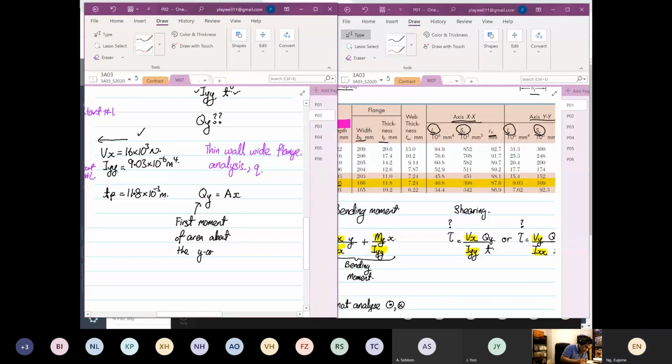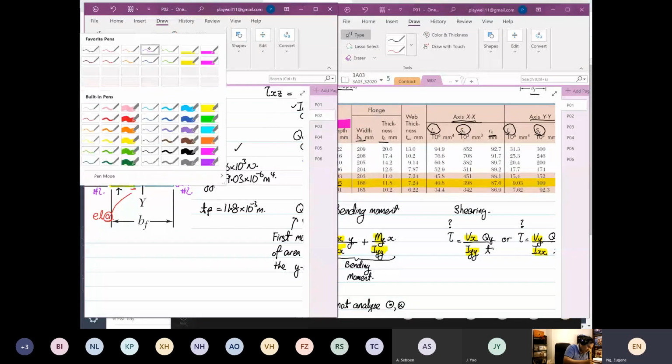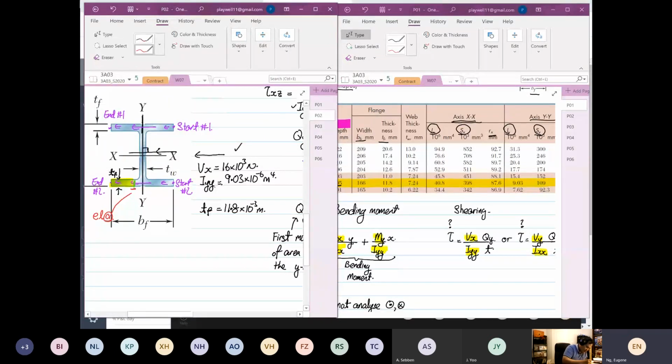Y-axis. So we're going to take first moment of area on this axis now, on this axis that I'm going to highlight. That's the axis that's fixed, right? And then the highlighted one is the area.